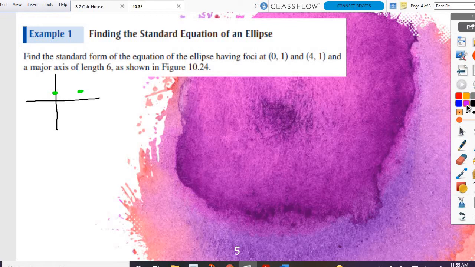It has to be horizontal. Yes? Agreed? Which is helpful because now we know that my A value needs to be below which of my variables? X.